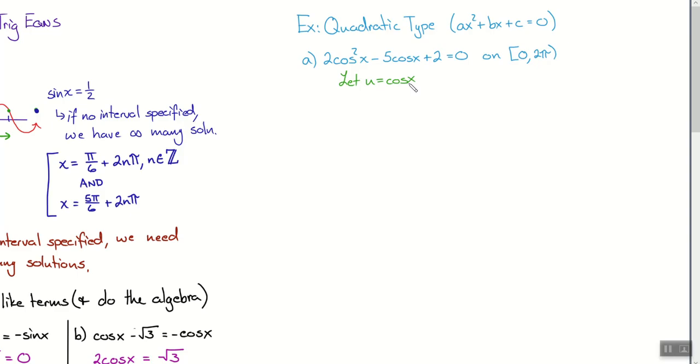If I let u equal cosine of x, then we could rewrite this expression much nicer: 2u squared, because u is cosine of x and we squared it, minus 5u plus 2. Since I've already committed, I'm actually going to work this one with u, but again, I normally would not.